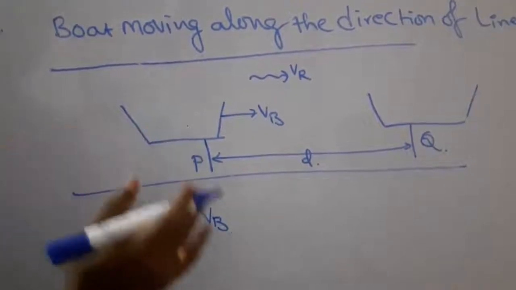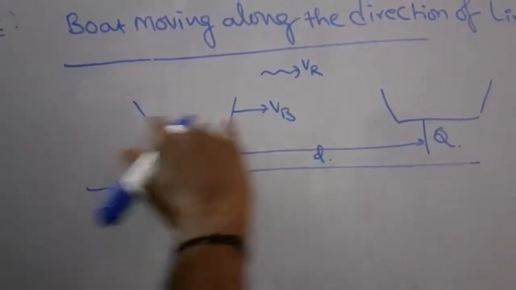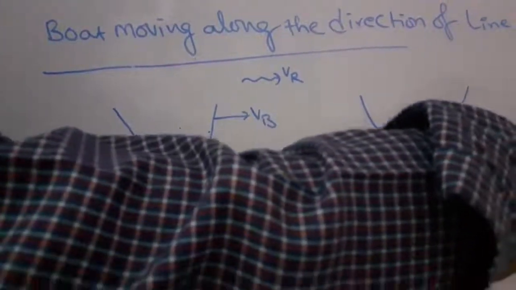First, we consider this boat moving along the direction of the line of river flow.